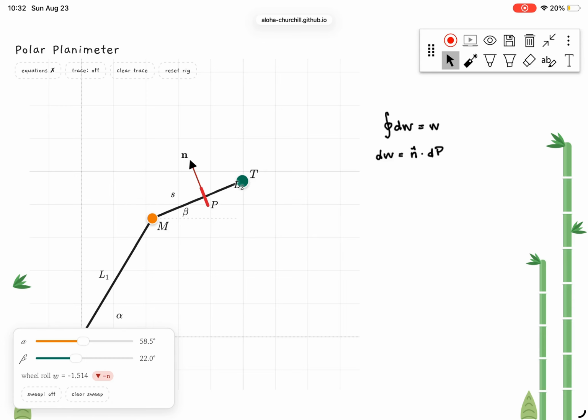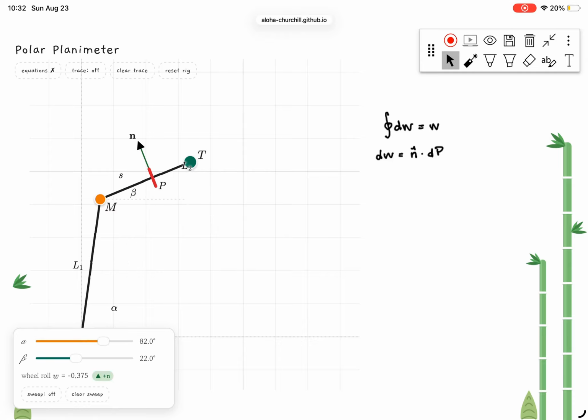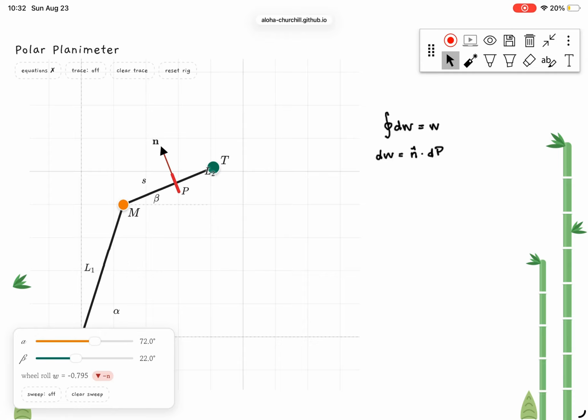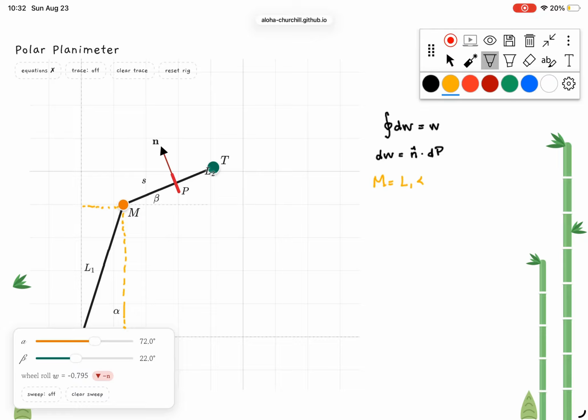The position of our tracer point T and wheel mount point P can be expressed in terms of alpha and beta. To express the point P in terms of alpha and beta, we can first express this midpoint M as L1 times the vector cosine of alpha as the x component and sine of alpha as the y component.